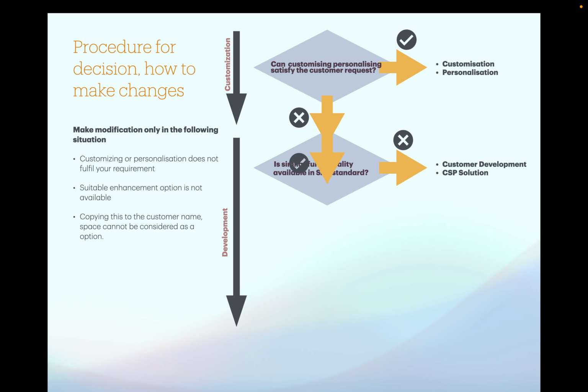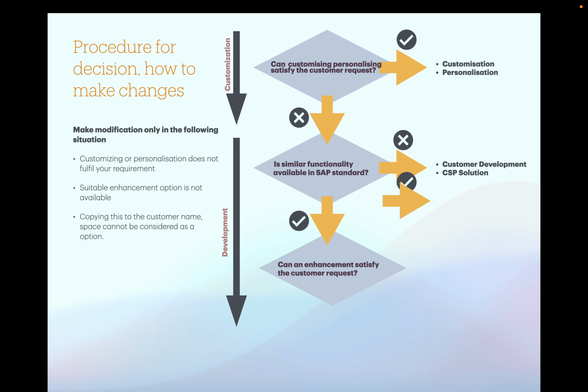If this alternate solution is not available, then we should go with the enhancement. If SAP provides enhancement options for the particular scenario, then we should use these enhancement options and equip or enhance the SAP standard system to the next level for our business requirements.